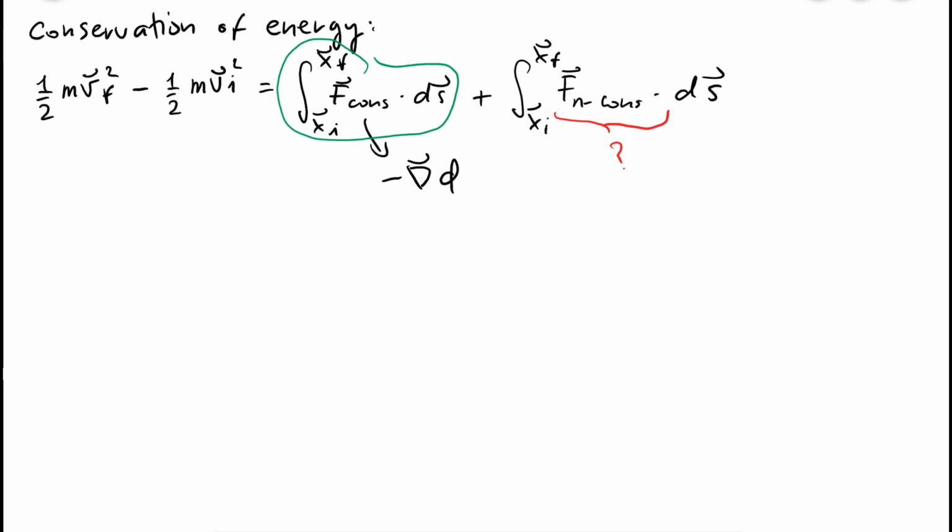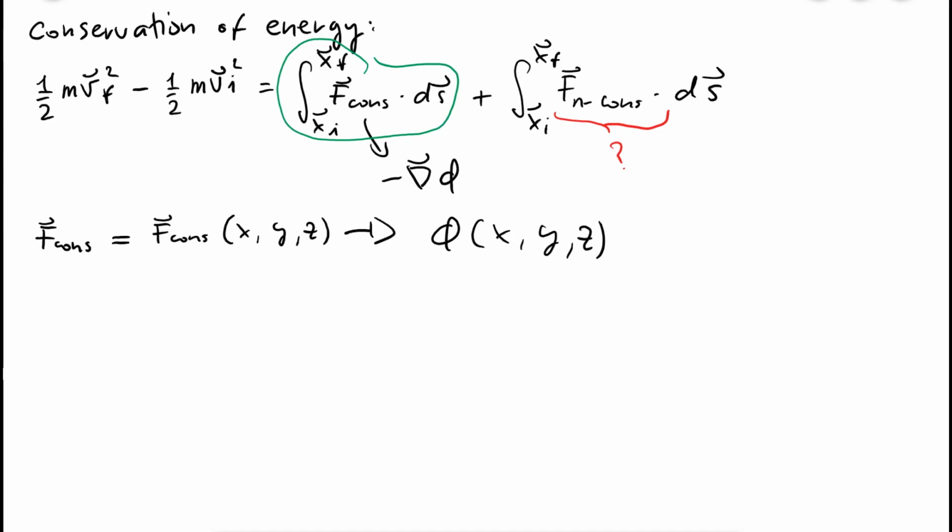Now, if the force is conservative, we know that F depends on x, y, and z. So you can write it as F conservative of x, y, and z. And then this implies that this potential energy function will also depend on x, y, and z.